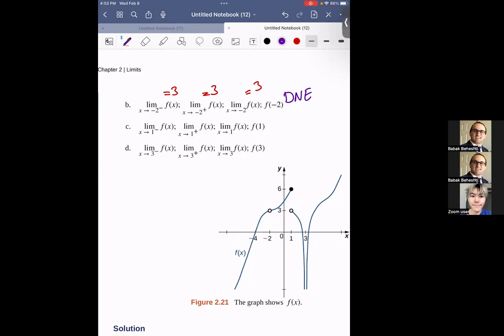Now, let's look at the point x equal to 1. What is the right limit when x goes to 1? It's 3. So as x goes to 1 plus, it is 3. What is the left limit?